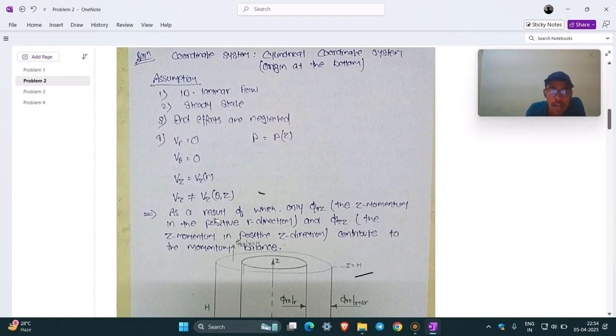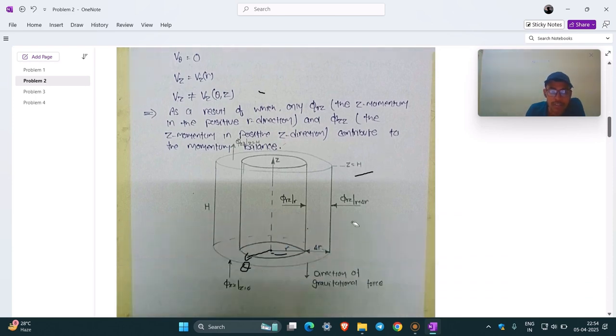So we are left with only two flux components: phi rz, the z momentum in the positive r direction, and phi zz, the z momentum in the positive z direction, which contribute to the momentum balance. So this is our differential cell. Here we have taken the slug with the directions r, theta, and z.